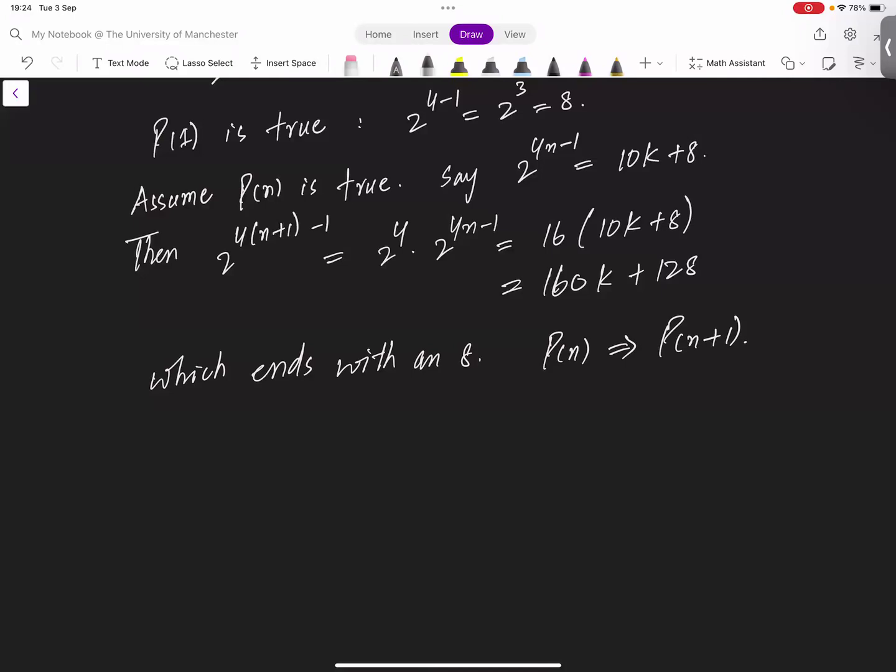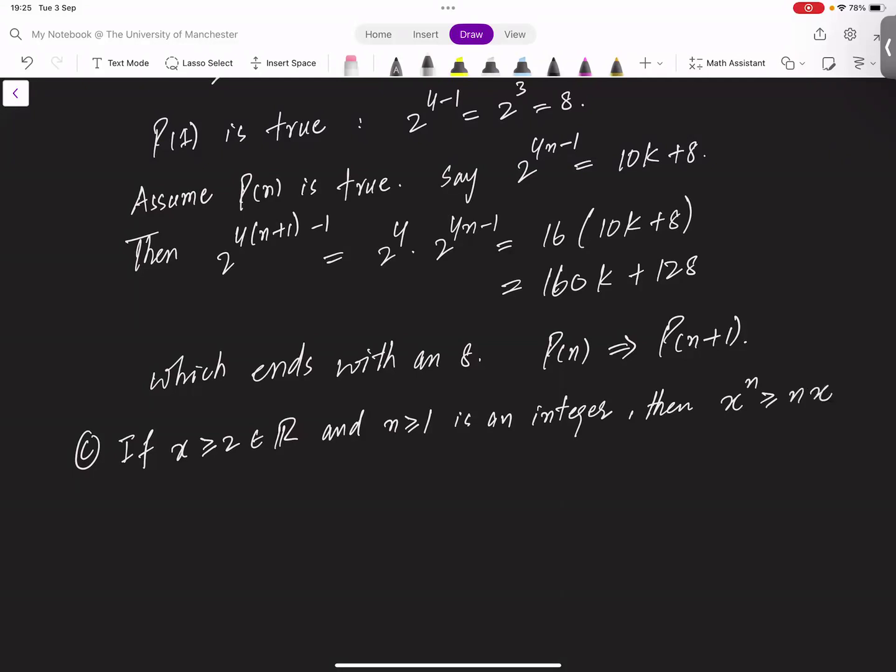Now, if x is greater than or equal to 2, a real number, and n is greater than or equal to 1, an integer, then x power n is greater than or equal to nx.